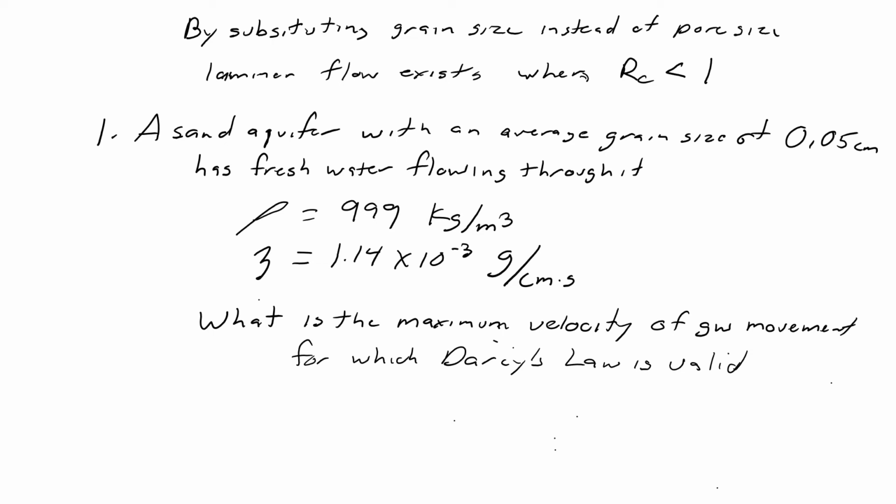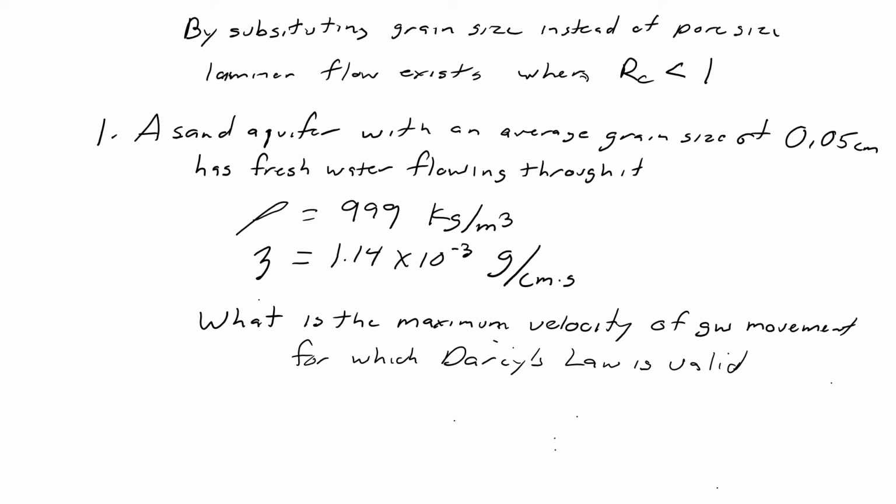Yes? Can it equal 1? Well, so laminar is anything less than 1, right? So if you solve for the velocity when the Reynolds number is 1, the maximum velocity would be anything less than that, right? Yes. So that's one good way of doing it.